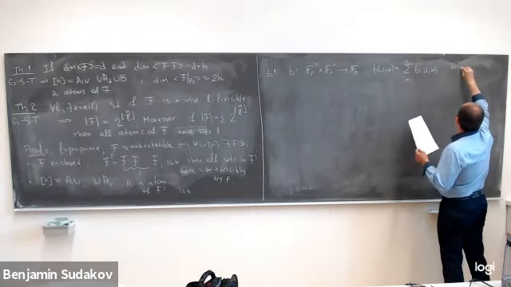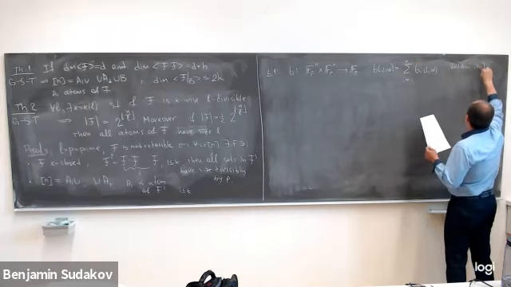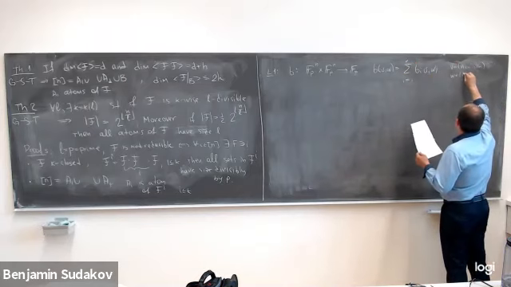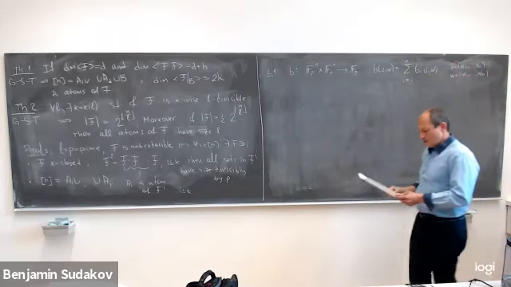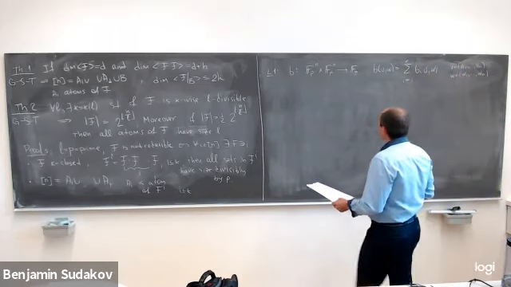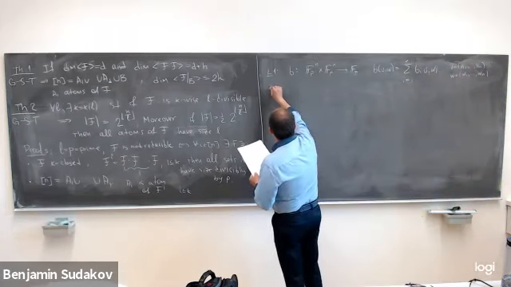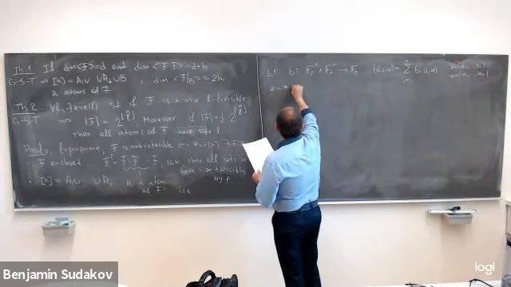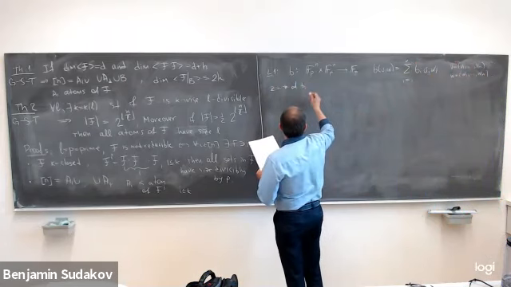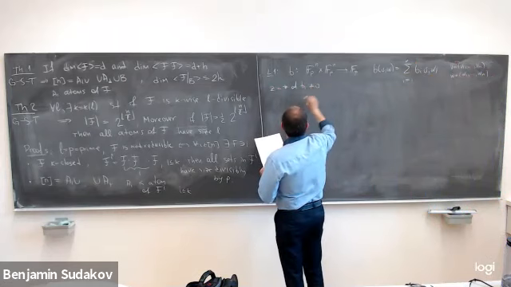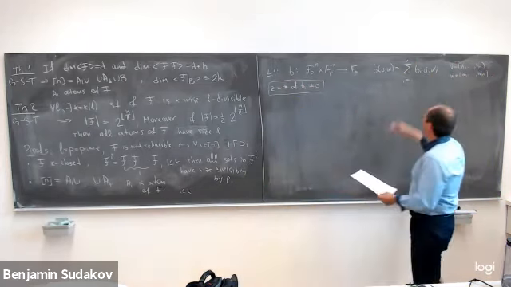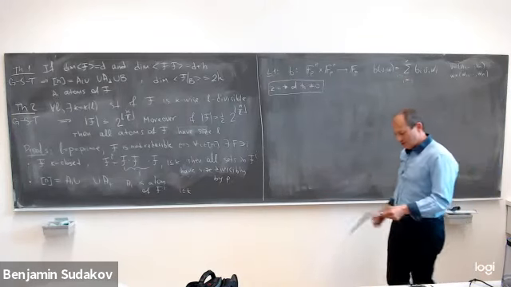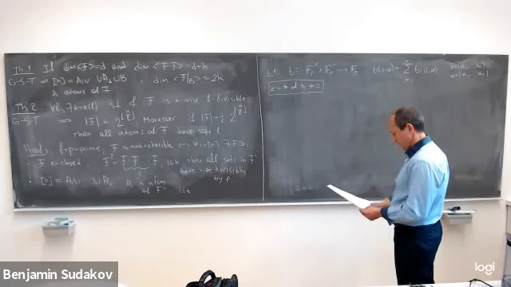V is v_1 up to v_n, and W is w_1 up to w_n. And suppose z is the number of these coefficients b_i which are equal to 0. This would be my measure. And obviously, if all b_i's are equal to 0, this form is identically 0, so I cannot say anything interesting.